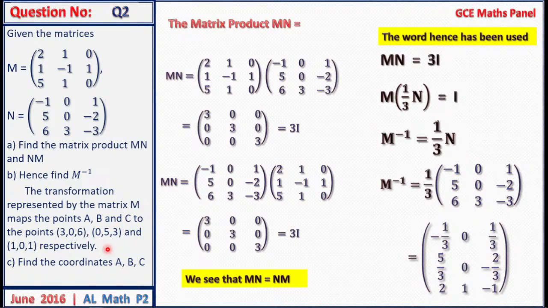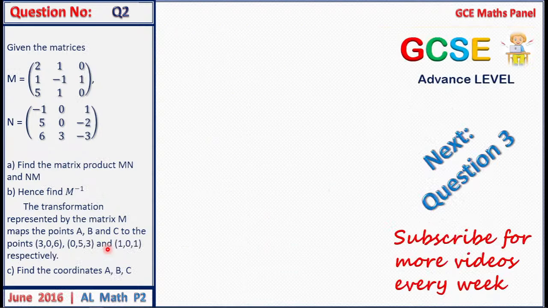How do we find the coordinates of the points that are mapped onto these? We can use the inverse matrix, because we know from matrices that a transformation times a point gives the image of that point. Now they've given us the image and want us to find the points mapped onto it.